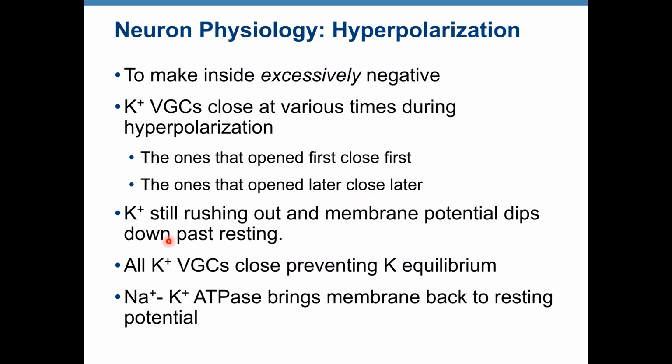So potassium is still rushing out, and that's why we have this excessively negative charge inside the cell. And then when all this is done, the sodium potassium pump brings the membrane back to resting potential and restores the concentration of ions, right? So it's pushing sodium out, potassium in.